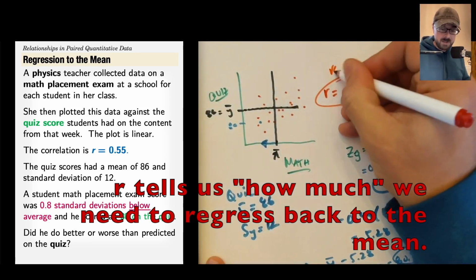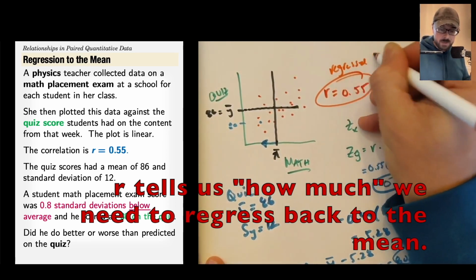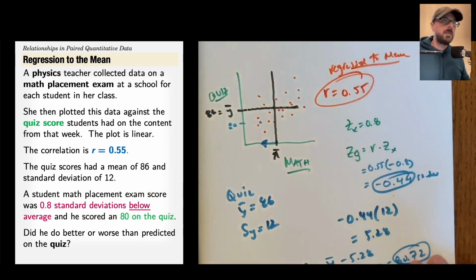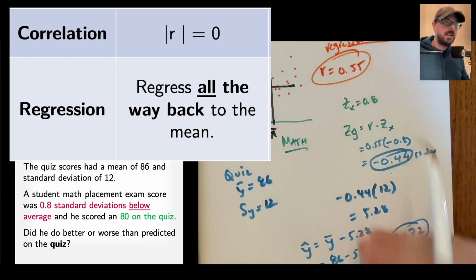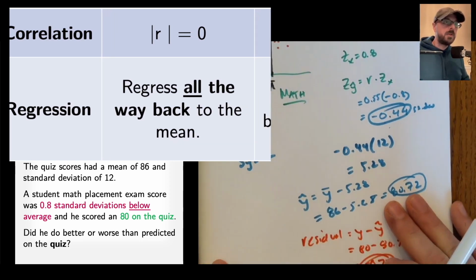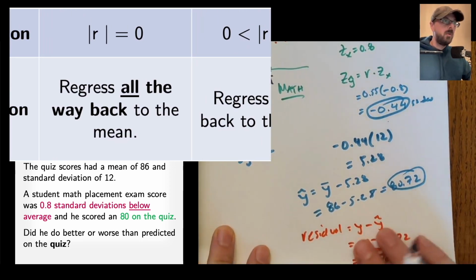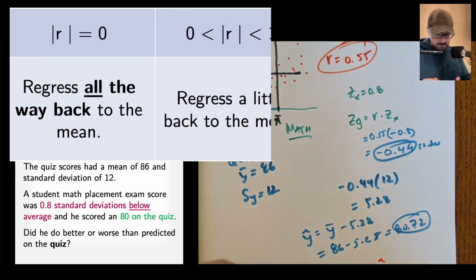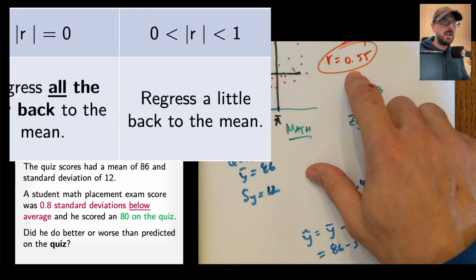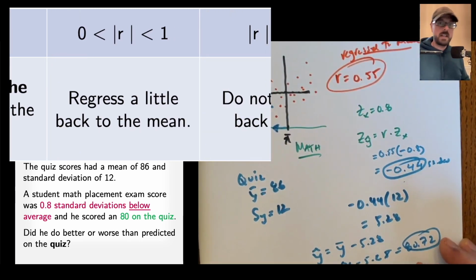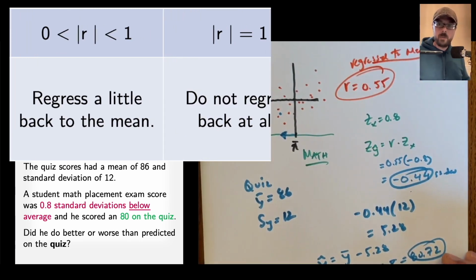Regressed to the mean, ultimately based on the correlation. The stronger the correlation, the more your prediction will be able to vary from the mean. However, the weaker the correlation, the closer and closer your prediction for Y is going to get to the mean.